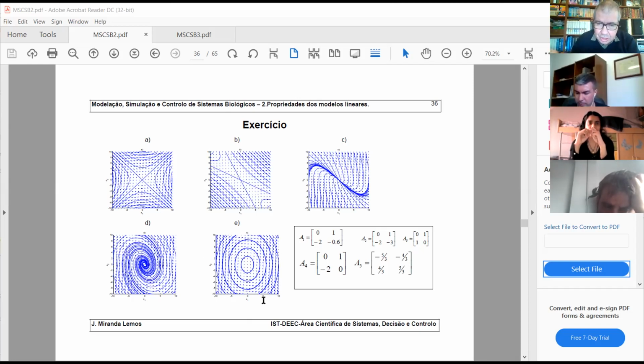So undamped oscillations, no real parts. Here you don't have any oscillation at all. It's just an exponential. Actually, two exponentials. That's why you do this type of curl here. Okay. So A2 is C.